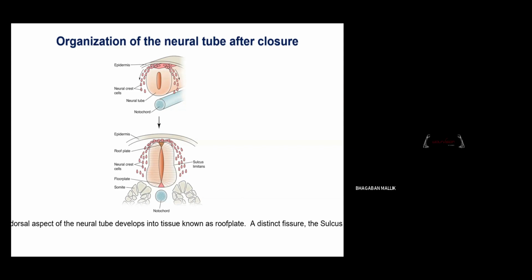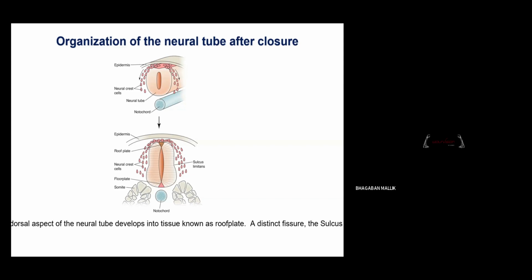This is the neural tube and the epidermis, and at the junction between them you have a distinct set of multipotent stem cells, called neural crest cells. This is the neural tube and this is the notochord. So what happens is that the neural tube develops further.